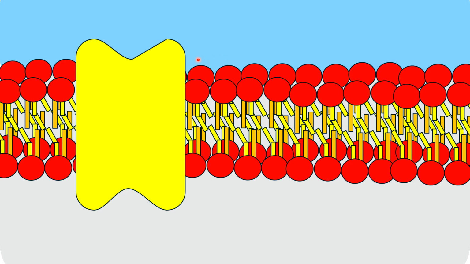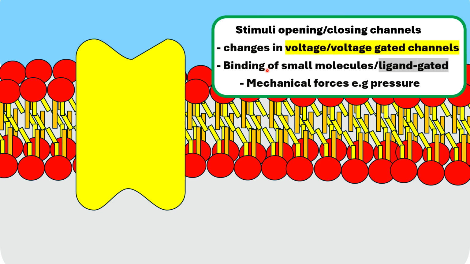So imagine that this is your channel protein. What are the stimuli that can open or close it? Well, first one, changes in voltage, in electricity, and those that respond to this voltage are called voltage gated protein channels.